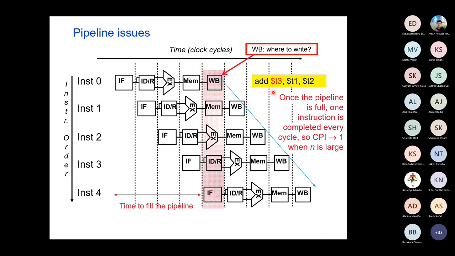But I need information about T3, which entered the pipeline beforehand, and by the time I am processing this, it is already lost. Have you appreciated the problem?